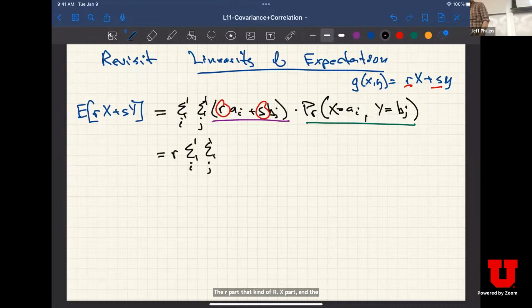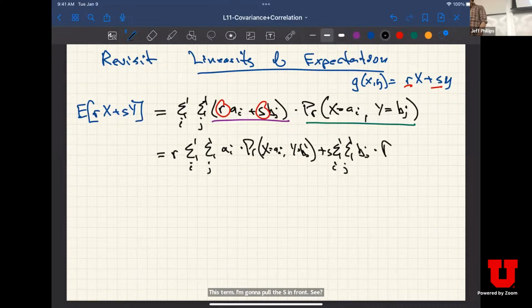So this term will only be over A, and I'm going to push through this probability X equal to AI, Y equal to BJ. Now I'm going to add to that this term. I'm going to pull the S in front, see the BJ here, and again, this probability X equals AI, Y equals BJ. So that just uses the linearity of this expression to factor this out.